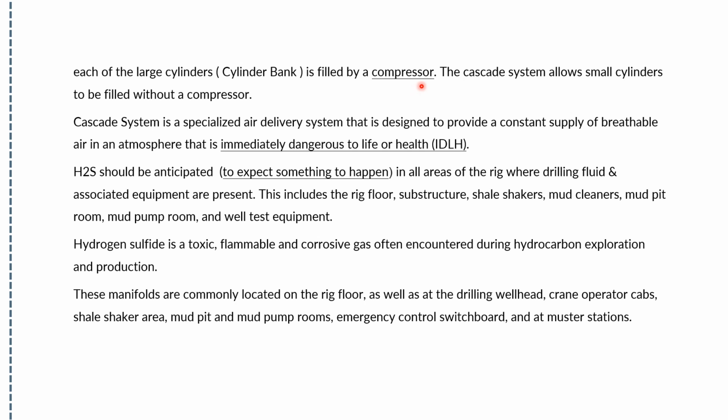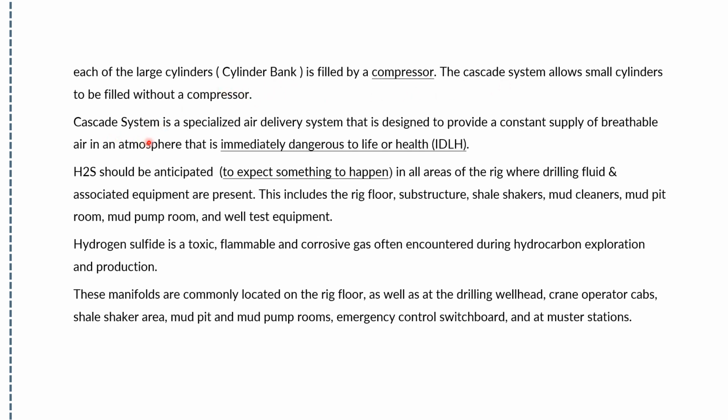The cascade system allows small cylinders to be filled without a compressor. The SCABA is not filled directly by the compressor; the SCABA cylinders are filled by this cylinder bank, the big cylinders.